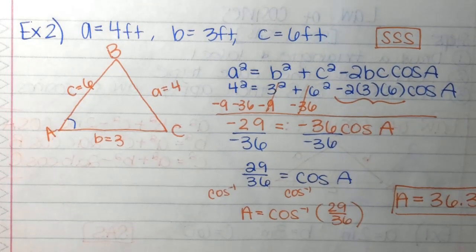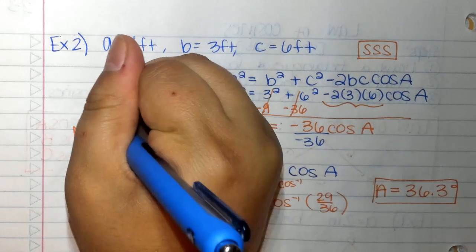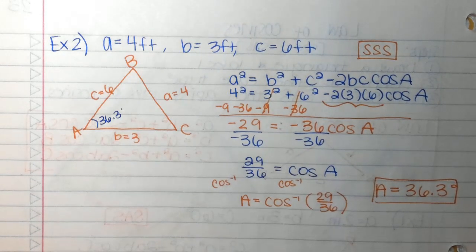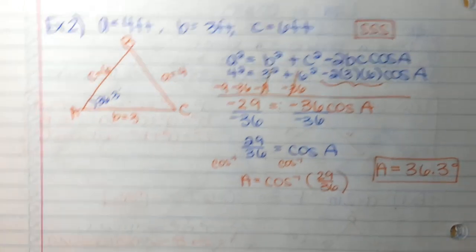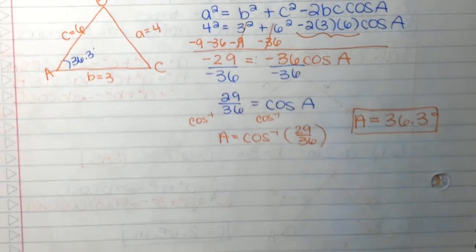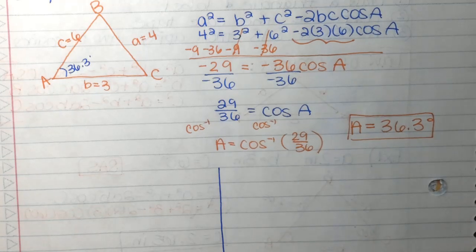I was looking at the answer for B, and I was like, that's not what it is. But that was B. Okay, we found A. It is 36.3 degrees. How do we find B and C? It's up to you. You can do law of cosines again, or you can do law of sines. I'm going to find B and C, or B using both. If you want to do both, do both. If you want to do one of them, do one of them. It's up to you.